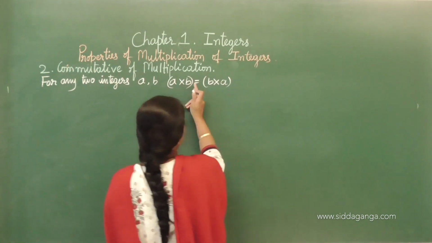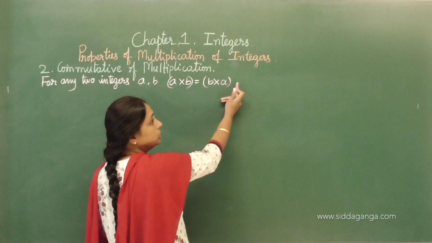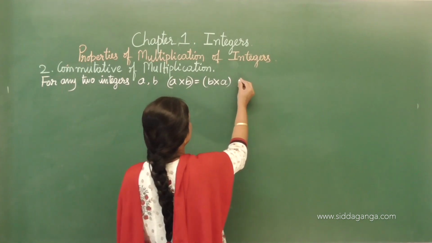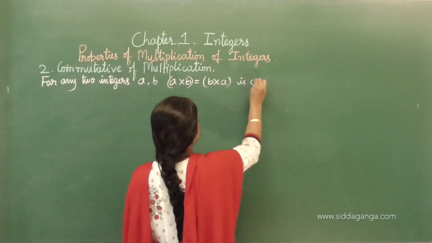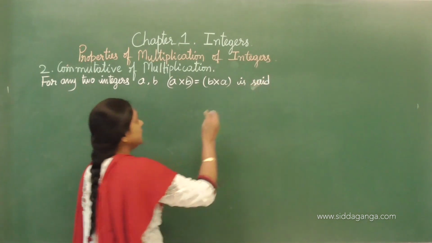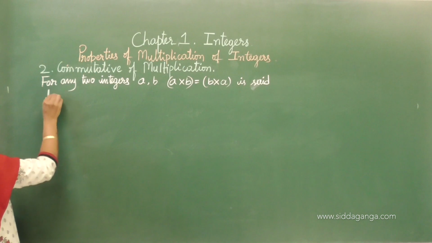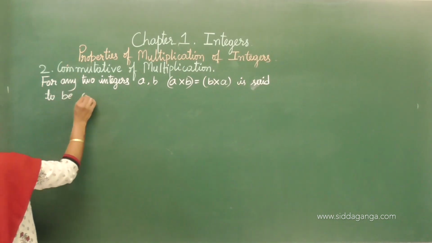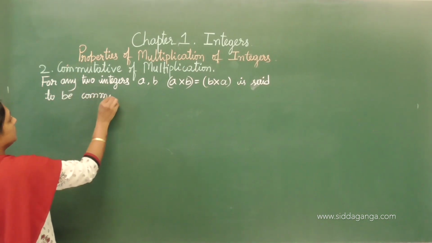Okay, a into b is equal to b into a is said to be commutative property.